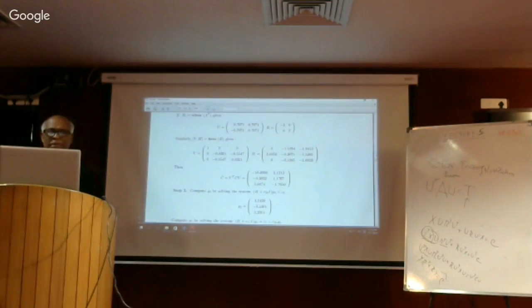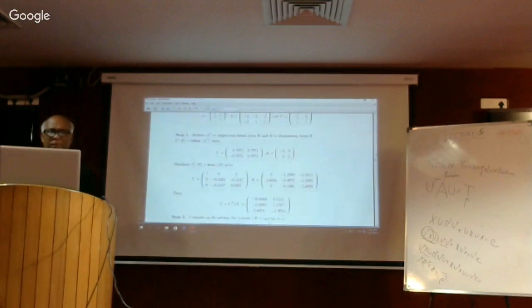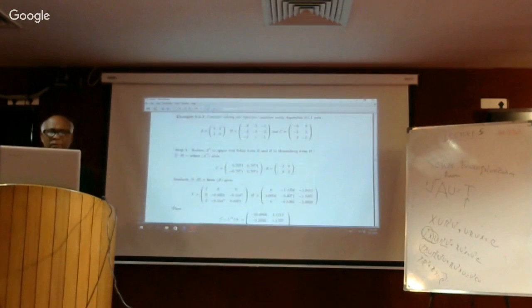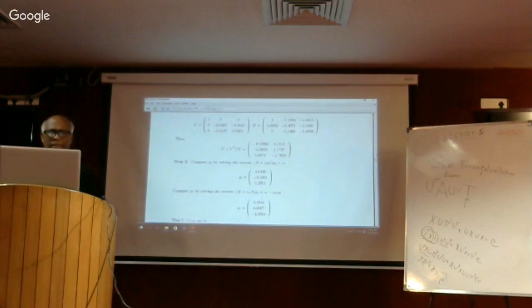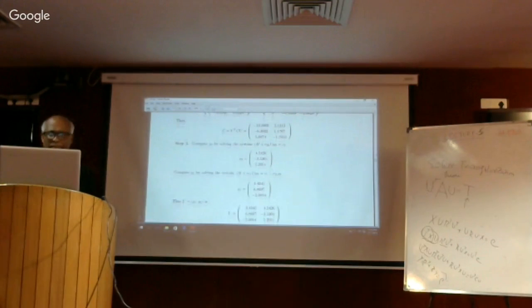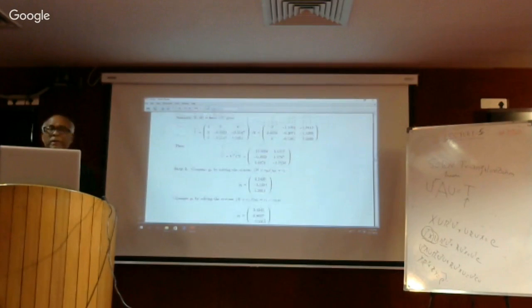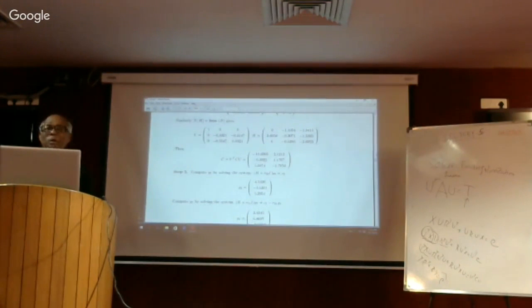So in this case, there are no 2 by 2 blocks. That's good news. All you have to do is compute y2 and y1 just by solving a Heisenberg system.